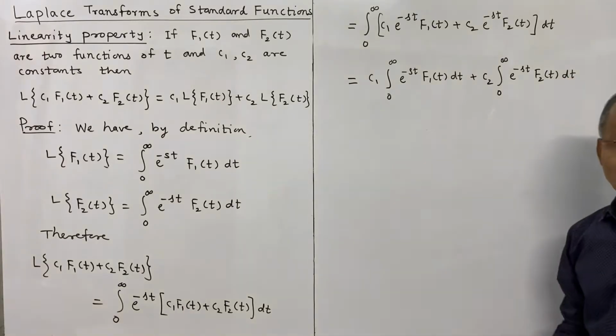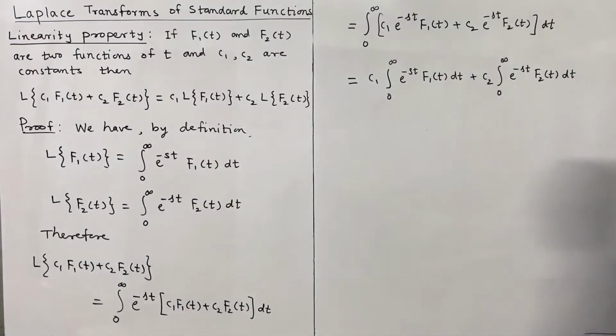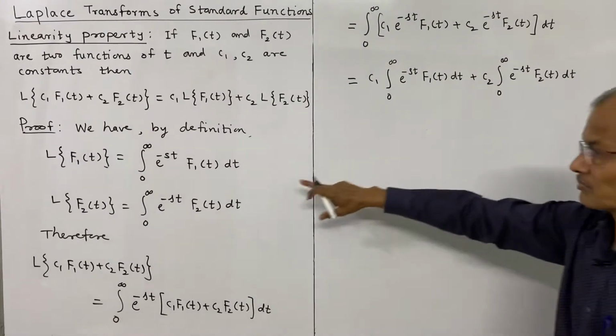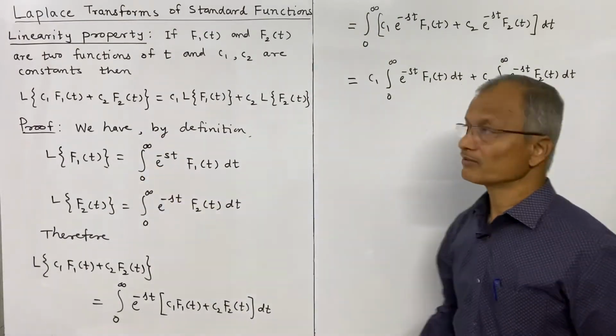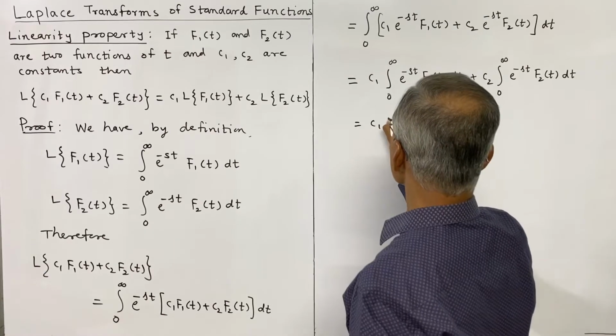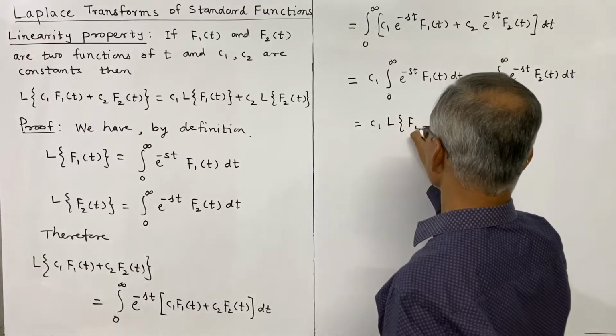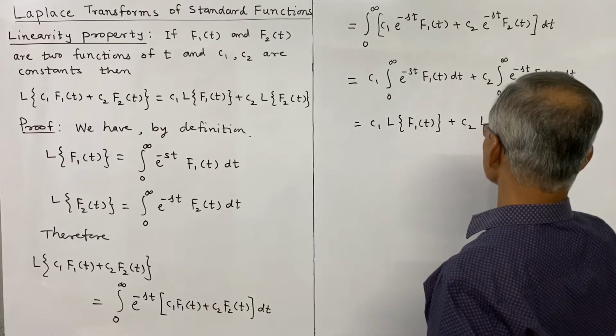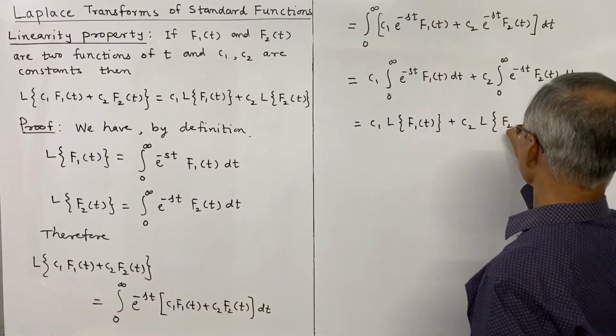So we have used the property of definite integral to separate it. Now what is this? This is exactly the Laplace transform of the f1 function, and therefore this is equal to c1 L of f1(t) plus c2 Laplace transform of f2(t).